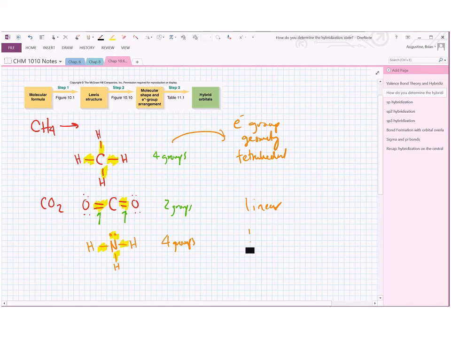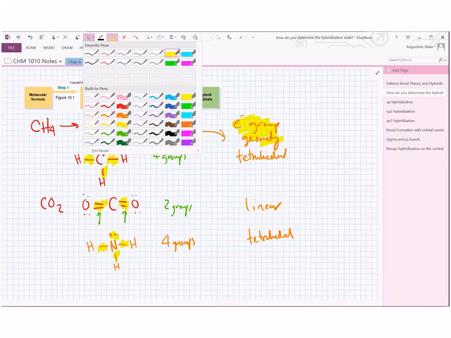This one's tetrahedral. This is the electron group geometry, not the molecular geometry. Remember, ammonia, the molecular geometry is different. If you have lone pairs, it's going to be a different name. That one turns out to be trigonal pyramid. Okay?